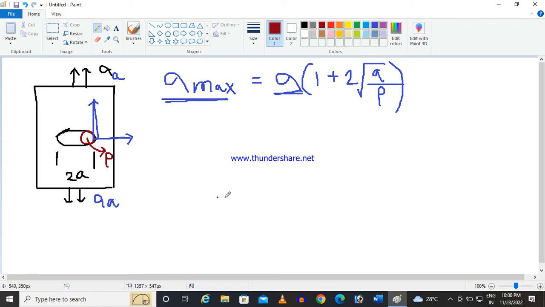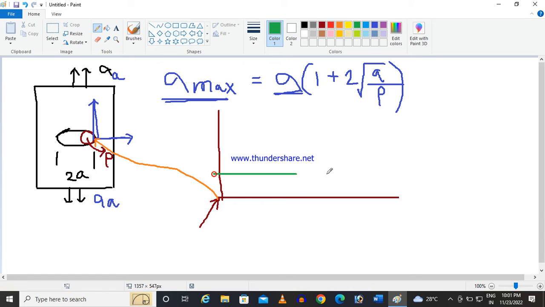Now if we plot it on the x-axis, the origin is at the tip of the crack, and we are going away. The applied stress will be constant, say this is the stress applied on the plate.